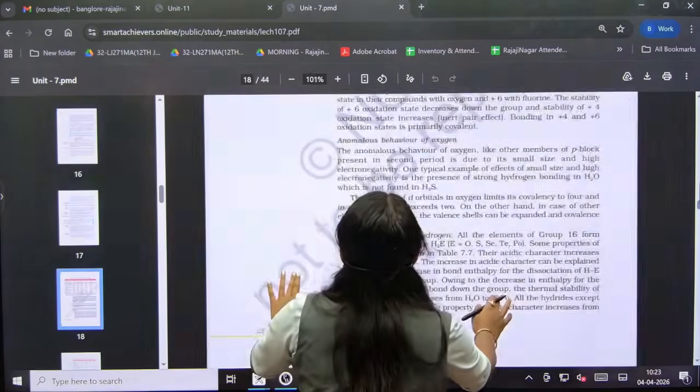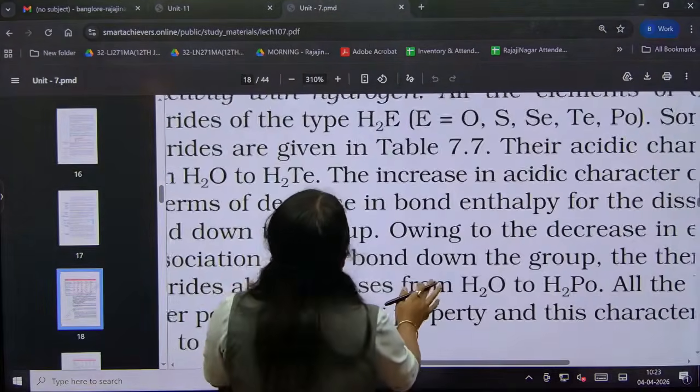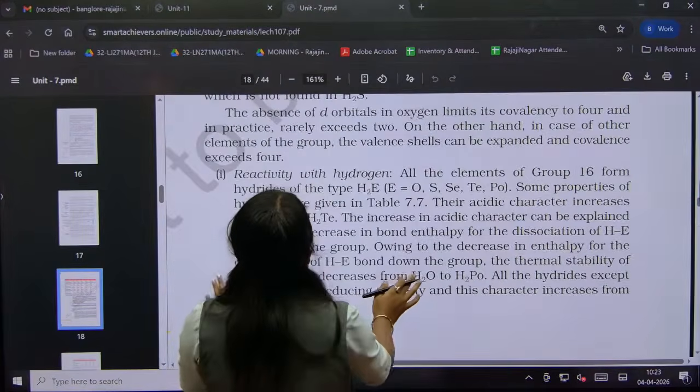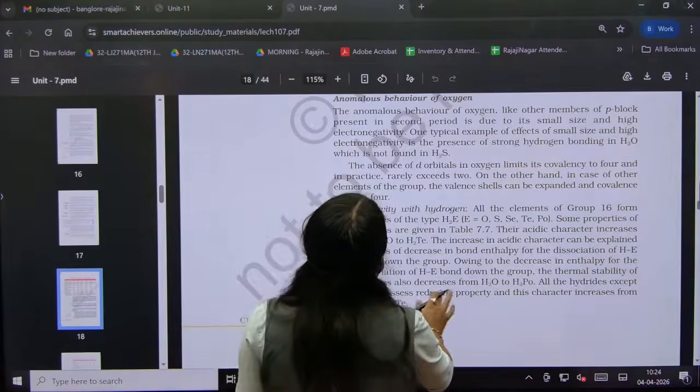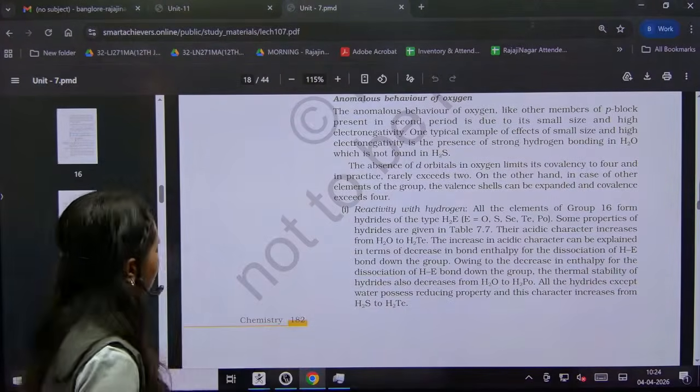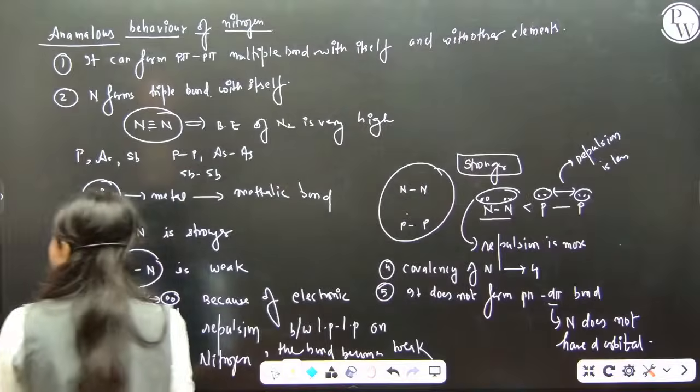Here, anomalous behavior of oxygen. So our next topic is anomalous behavior of oxygen. Let me write it, the next topic.